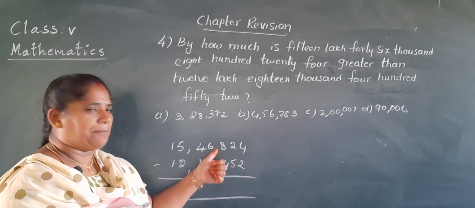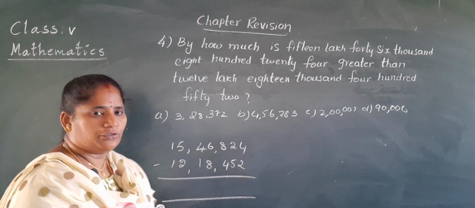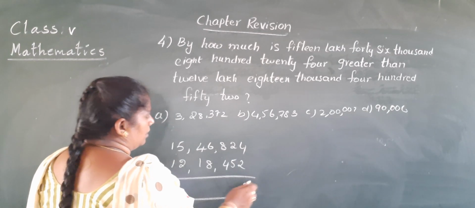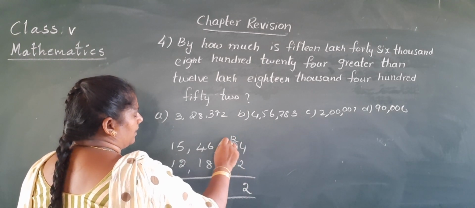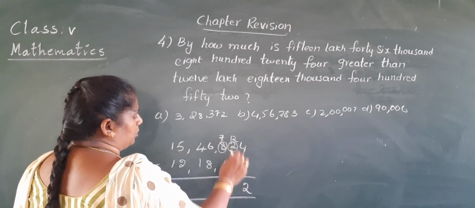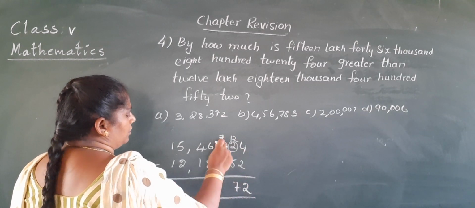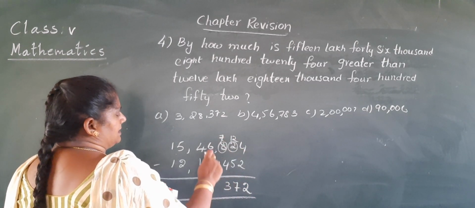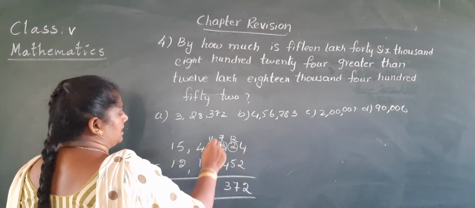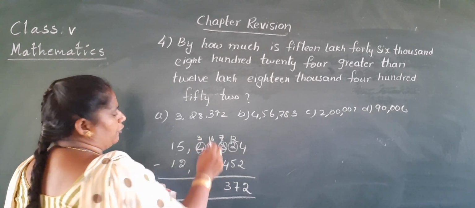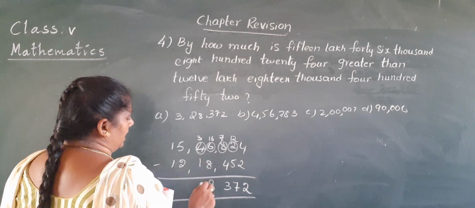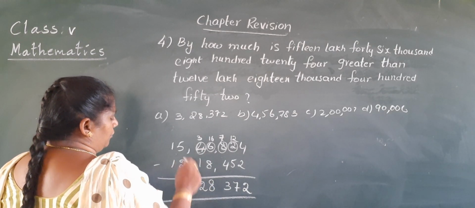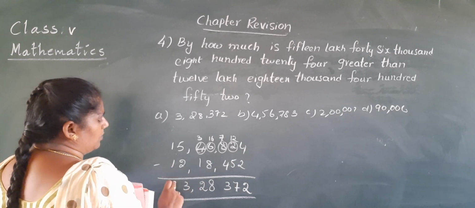Yes, by doing subtraction. 4 minus 2, 2. 2 minus 5 not possible, take borrow, 12. 12 minus 5 we get 7. 4 minus 4, 0. 8 is greater, so again you take borrow. This number becomes 16 and 4 becomes 3. Now 16 minus 8 is 8, 3 minus 1 is 2. 5 minus 2, 3. 1 minus 1 is 0.